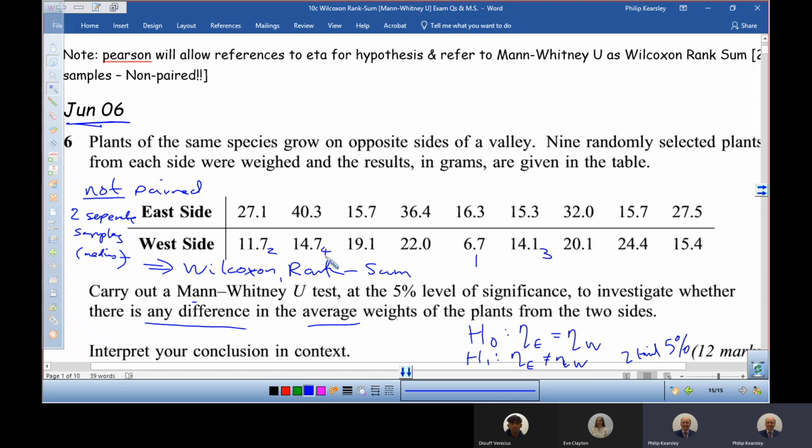Rank number 4, 14.7. I'm liking this, all the small ranks on one side. Then we're up top, rank 5 and 15.3. 6 and 7 at the same time, so 6.5, 6.5. Carry on with 8 then.